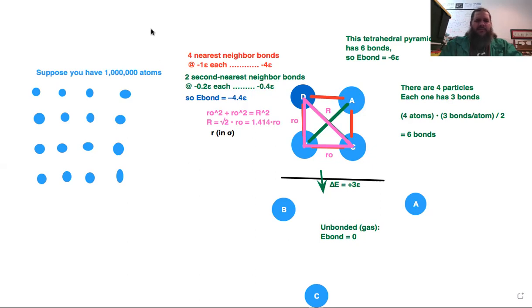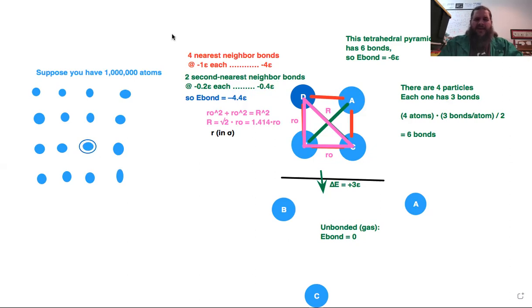In that case, there's no way we'd be able to count up all the bonds manually like we did here. Instead, we want to use the combinatorics ideas to predict how many bonds to expect. So to do that, I would recommend choosing a typical atom to start with. Let's say we focus on this atom as our example.